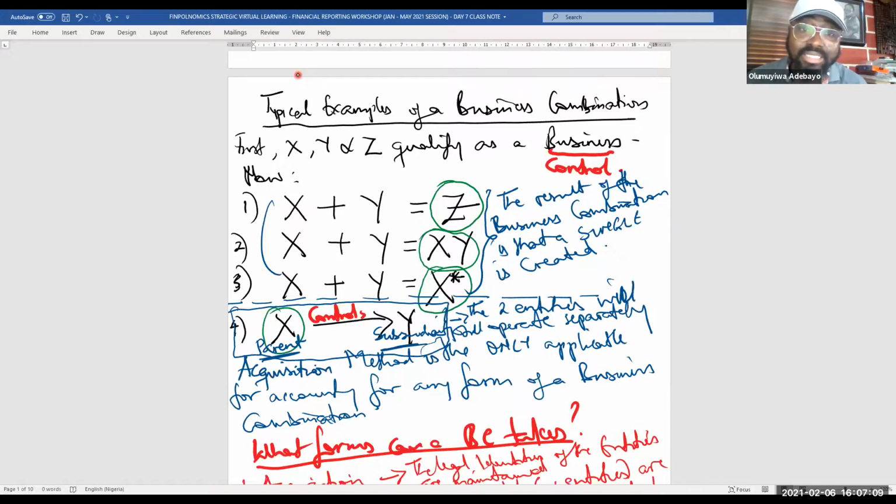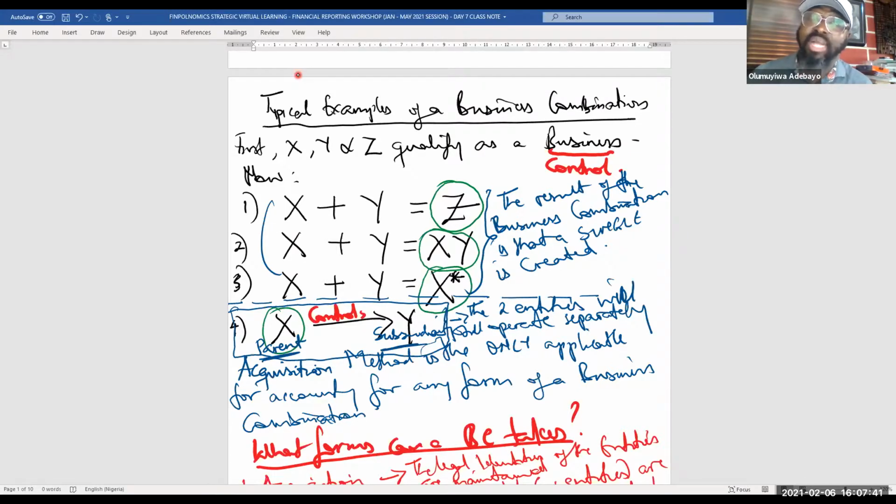Which then means that having accounted for the combination by way of acquisition method for 1, 2, 3, going forward, they have resulted in a single entity. Therefore, there is nothing like group accounts. But group accounts will only apply to this fourth situation where we have a parent and a subsidiary and they continue to exist and operate legally separately.